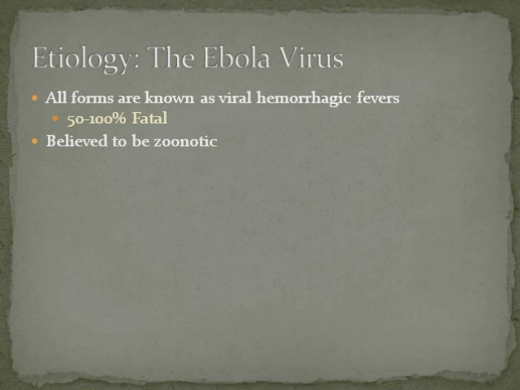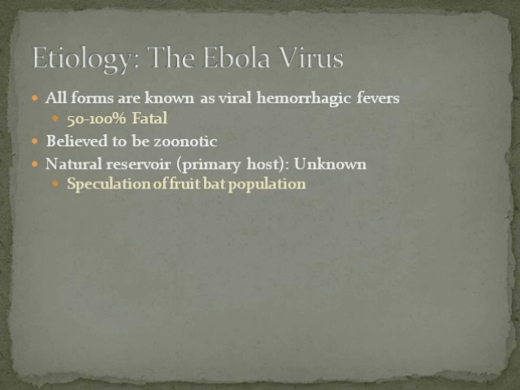The Ebola virus is believed to be zoonotic in origin, coming from some animal that somehow transferred over to humans. The natural reservoir, meaning the primary host, the animal that carries the actual virus, that maintains it and keeps it in the environment, is currently unknown. However, recent research has led researchers to believe that the fruit bat may indeed be the natural reservoir for the Ebola virus.